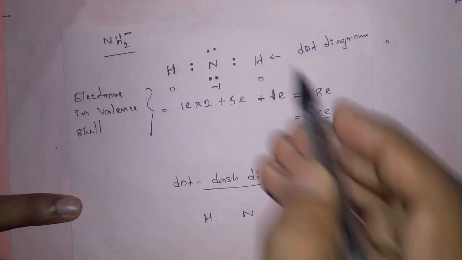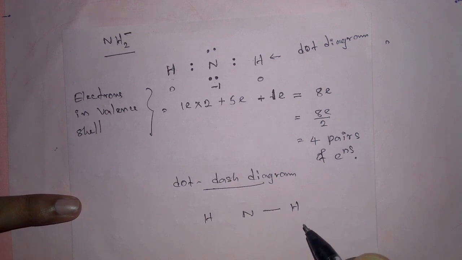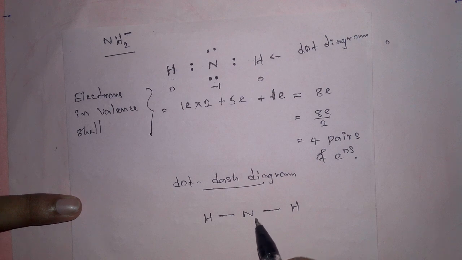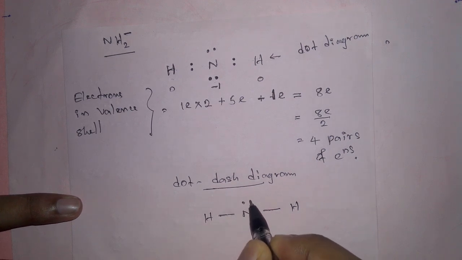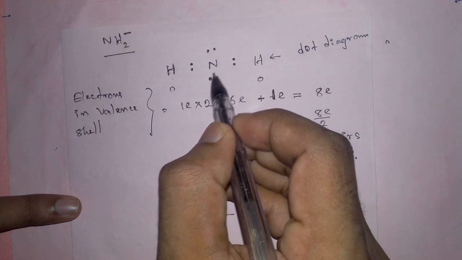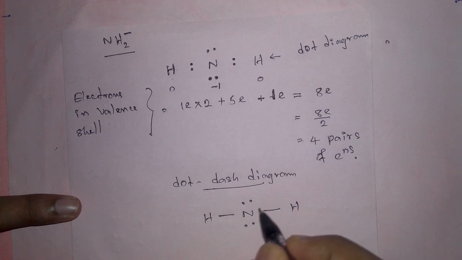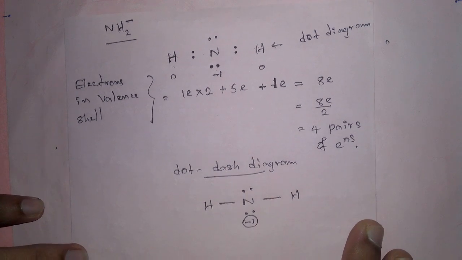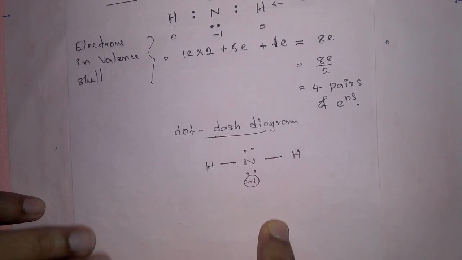These bond electron pairs are indicated by a small dash. This one as well you can indicate as a small dash. You have to indicate lone electron pairs like this. Nitrogen has -1 formal charge, and you have to indicate this formal charge as well. This is the dot dash diagram of the NH2 minus molecule.